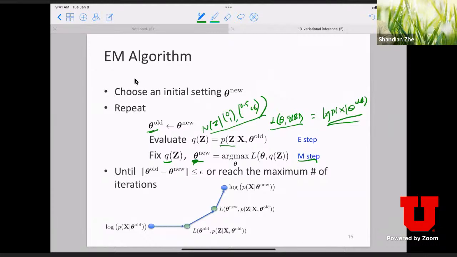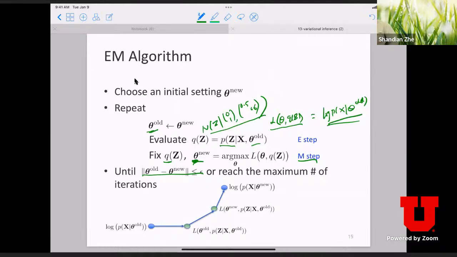You calculate the posterior under the current theta, plug it into your lower bound and fix that posterior, that is Q of z. Maximize over theta again, and you again improve the log model evidence. You keep doing that until convergence or you reach the maximum number of iterations. This is called the EM algorithm.